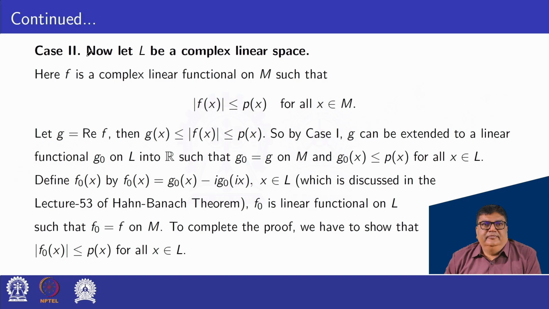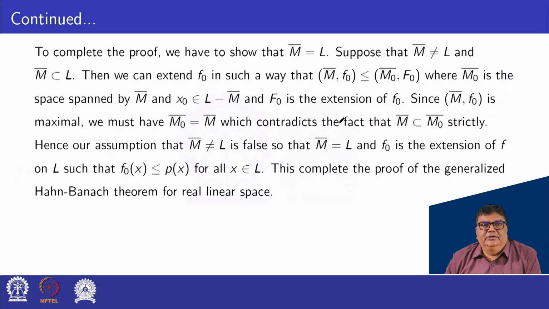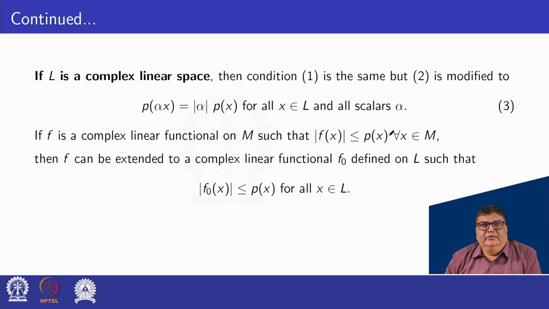Case second. Now let L be a complex linear space. Okay. Here f is a complex linear functional on M such that mod f of x is less or equal to p of x for all x belonging to M. Okay, as per the hypothesis here.